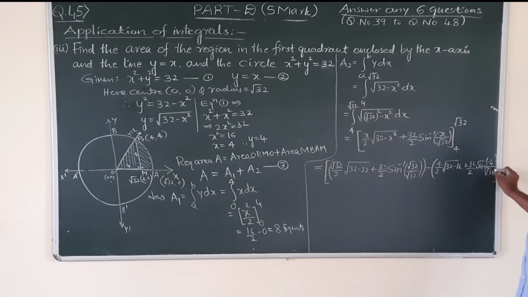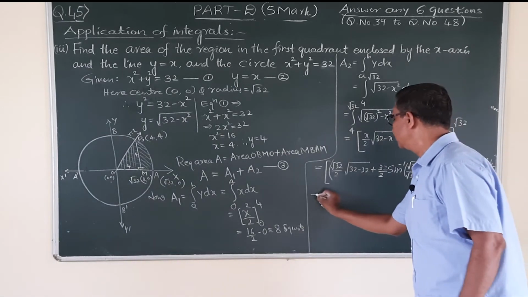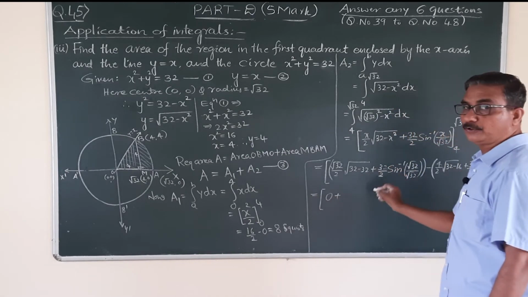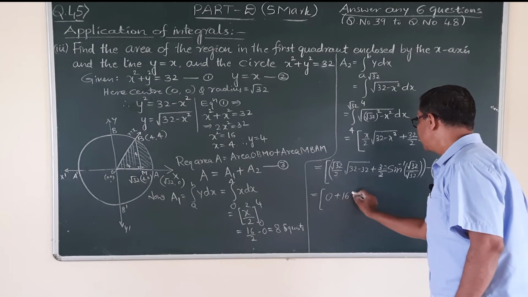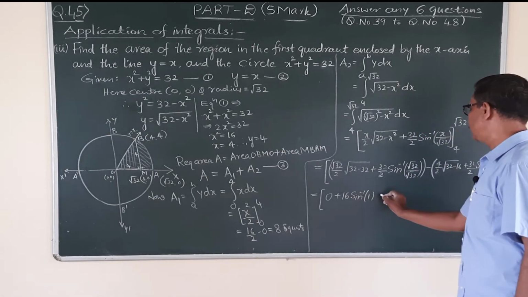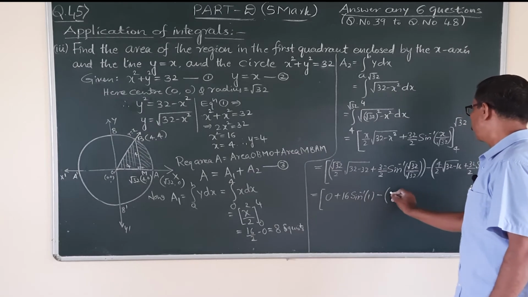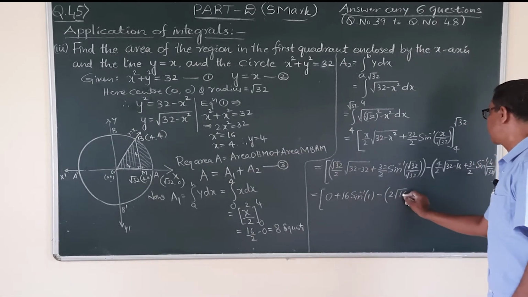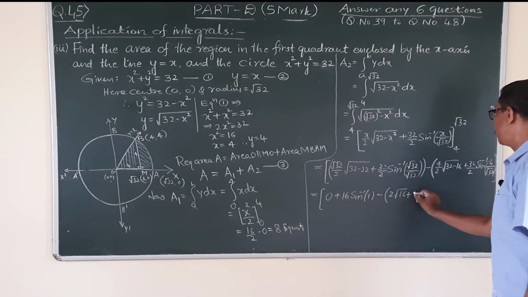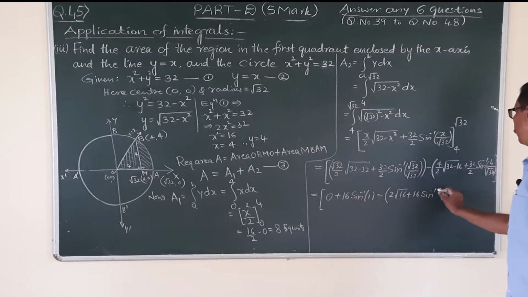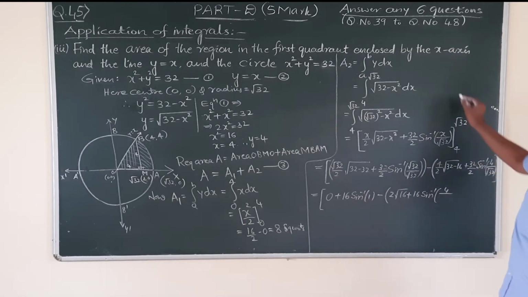Okay? Then simplify. 32 minus 32 is 0. 32 by 2 is 16. Sin inverse of root 32 by root 32 cancels to 1. Minus, 4 by 2 is 2 into root of 32 minus 16, plus 32 by 2 is 16 sin inverse of 4 by root 32.